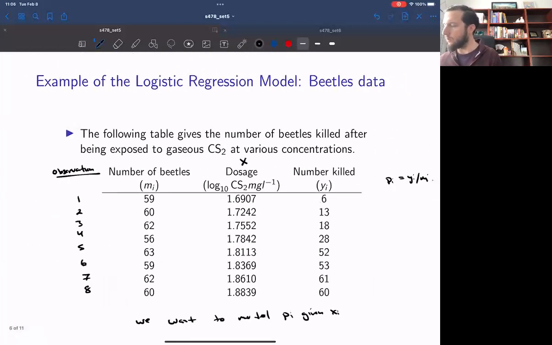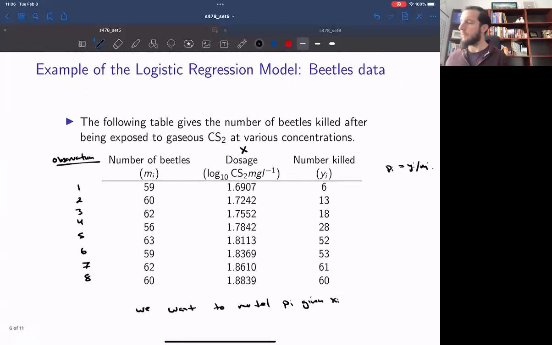Okay, so to illustrate the logistic regression model, we're going to use this Beetles data. This is going to be a data set we use throughout lecture sets 5 and 6. In lecture set 6, I bring back some of the key points just so that we have them directly available to us. This is our illustrative data set. It's a simple regression data set because we only have one explanatory variable and one response variable.